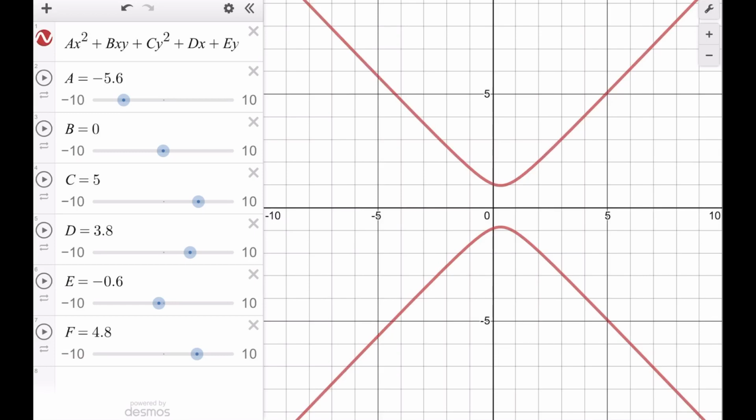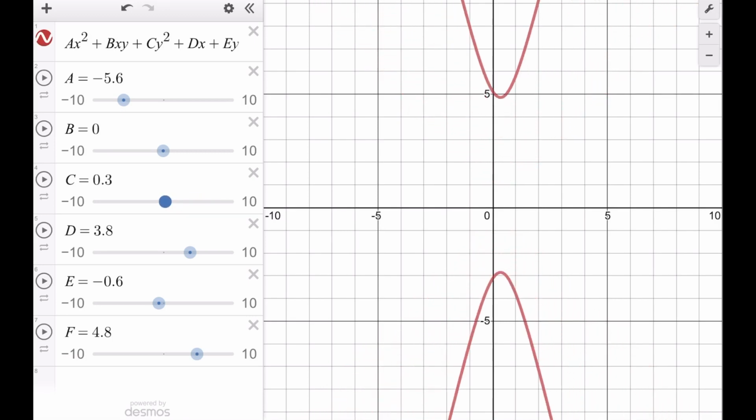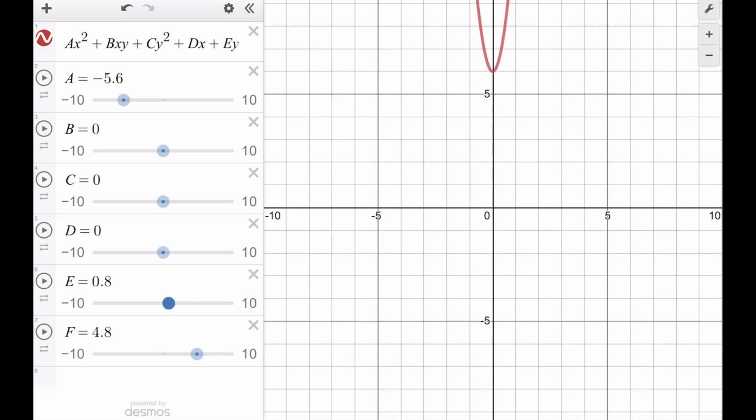So if I toggle these sliders to get y equals x squared, then C would be 0, D is 0, and E is actually 1, because that's y is 1. Then F would be 0, and A would be 1.